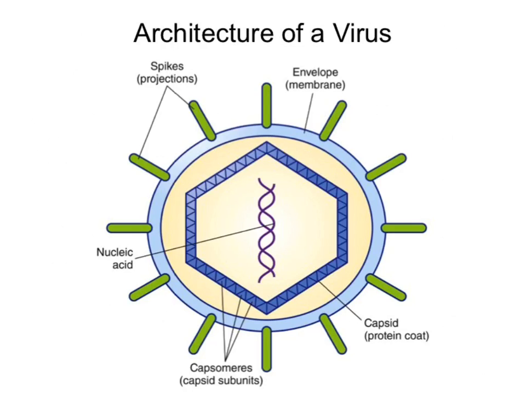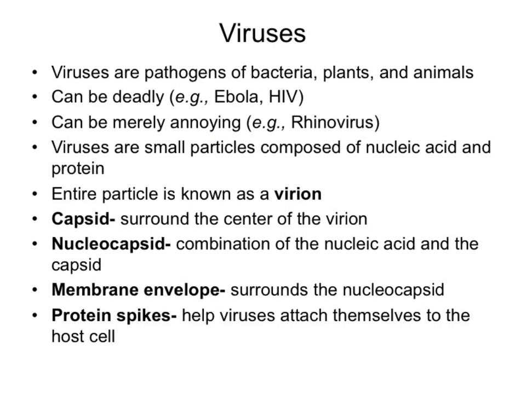What the heck? So viruses, these are in general our pathogens. They go through and infect bacteria, plants, animals. They pretty much infect anything out there. All they really have is a bunch of genetic information that they design themselves to just go through and replicate. That's kind of their goal. They can be deadly, but not always.